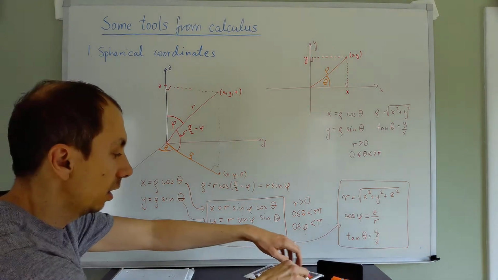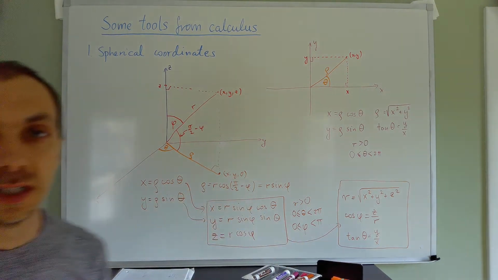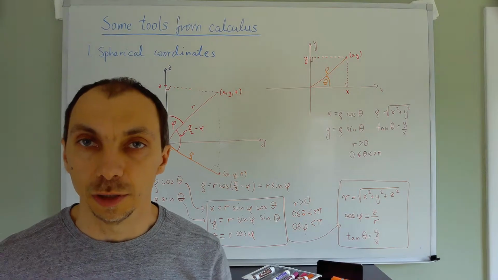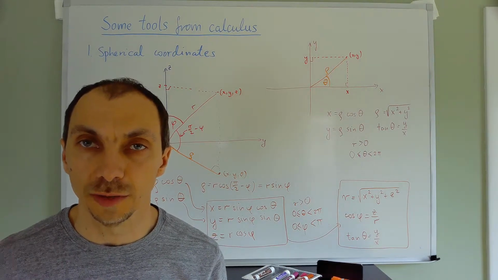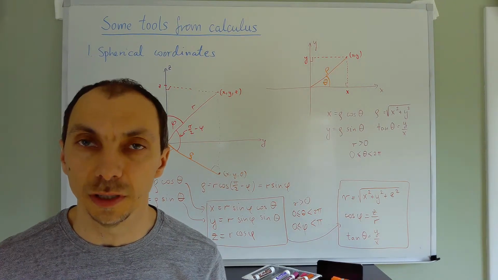And the one last thing that I wanted to say is that spherical coordinates, just like polar coordinates are very good when you deal with circles, spherical coordinates are very good when you deal with spheres.